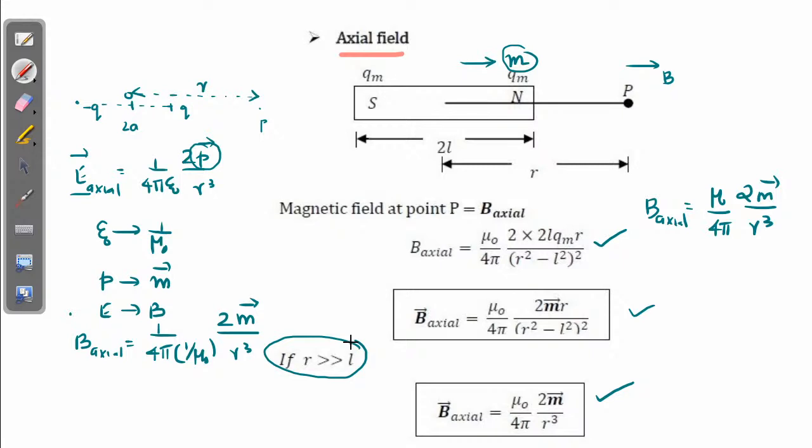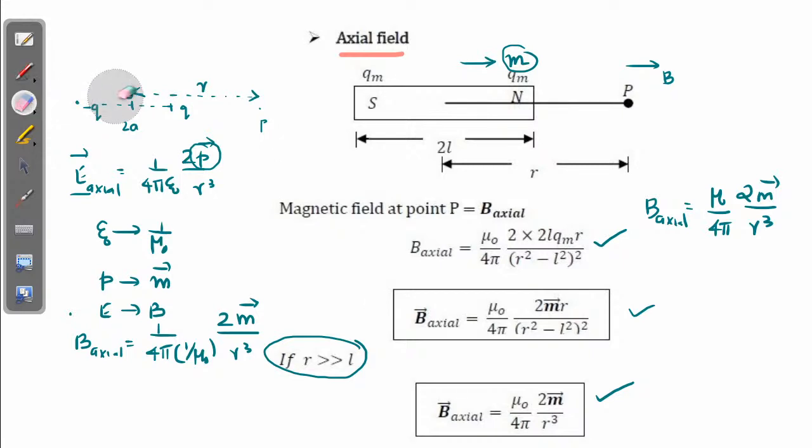Whatever charge you used to express your dipole moment, you have to replace it by your pole strength. Q has to be replaced by qm, the pole strength. Then you will automatically get this particular result. You can try that from your home.